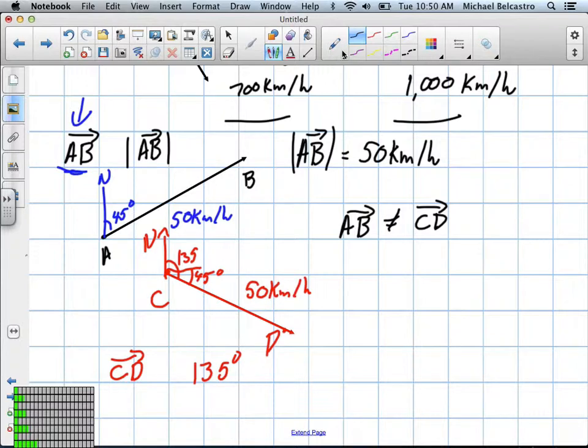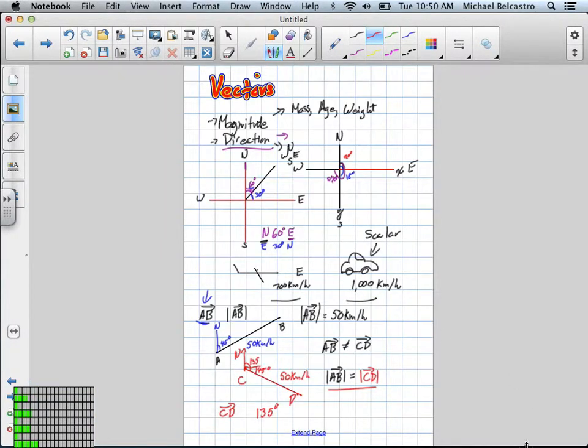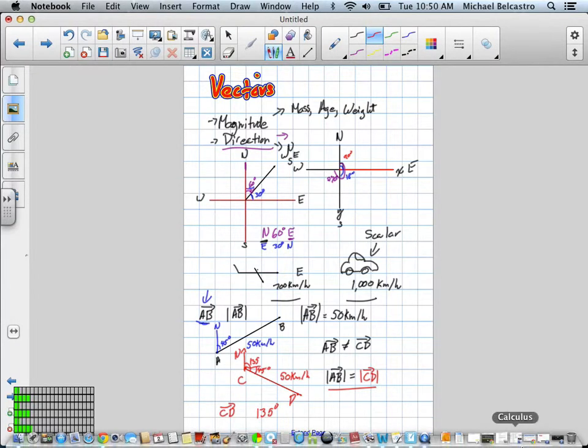But we could say that the magnitude or the absolute value of AB is equal to the magnitude of vector CD. When we're talking about absolute value, we're talking about the magnitude of a vector. And these two have the same magnitude. Therefore, I can make the statement that these vector magnitudes are the same, whereas the actual vectors themselves are not equal vectors. They're very different. So let's do the entire page here.